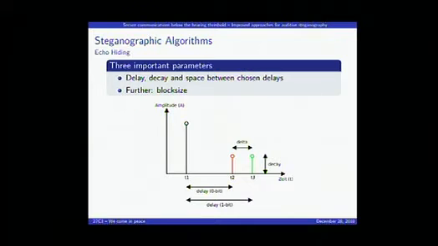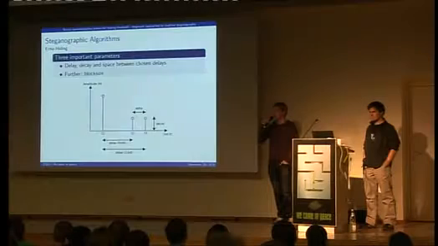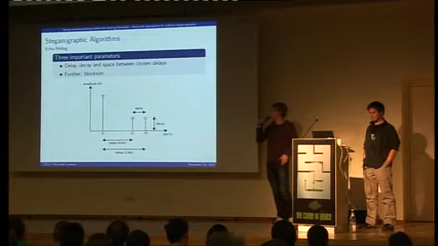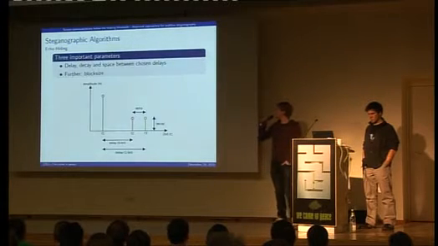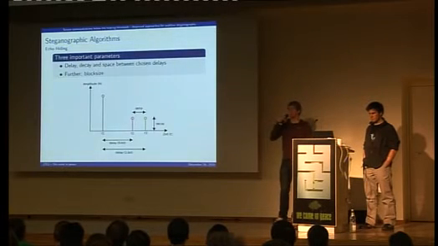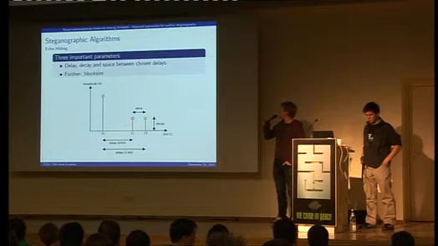Typical values for such a delta, we used about 1 millisecond, and the delay shouldn't be too big, because otherwise a listener would clearly hear some echo. We chose the delay to be less than 2.5 milliseconds.